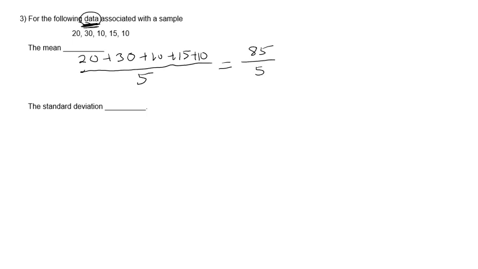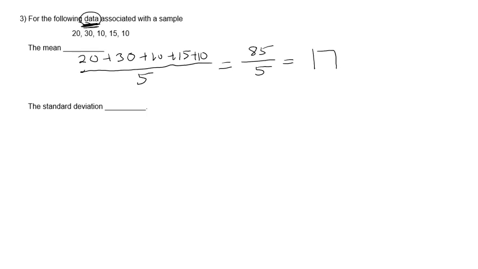But when you are given the actual data, for the mean, you add up the data values, and you divide by how many pieces of data you have. We have 5 pieces of data. The sum is 85, and 85 over 5 is 17.